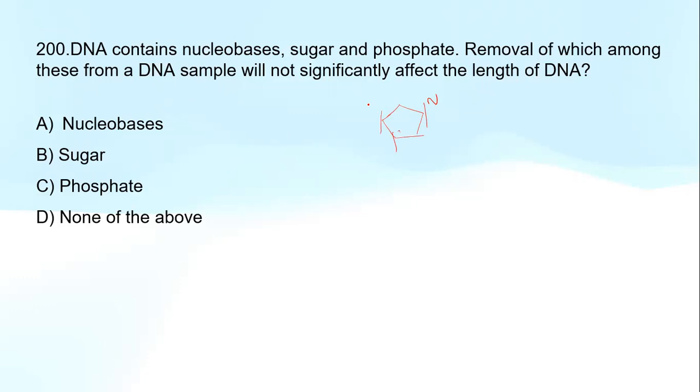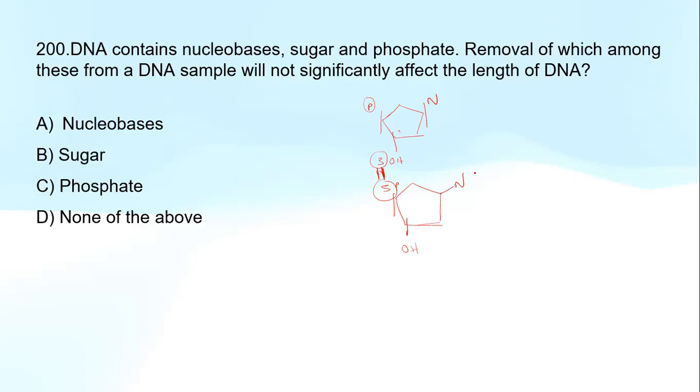In the fifth carbon atom, we have phosphate, and the third carbon atom has OH. When it comes to the next adjacent nucleotide, we know that the sugar, the fifth phosphate, and the third OH participate in creating a bond, right? And here again, we have the OH, and again here we have the nitrogen base.